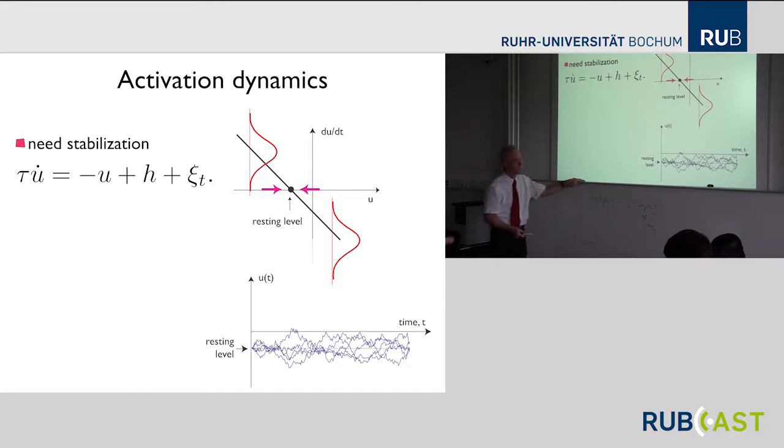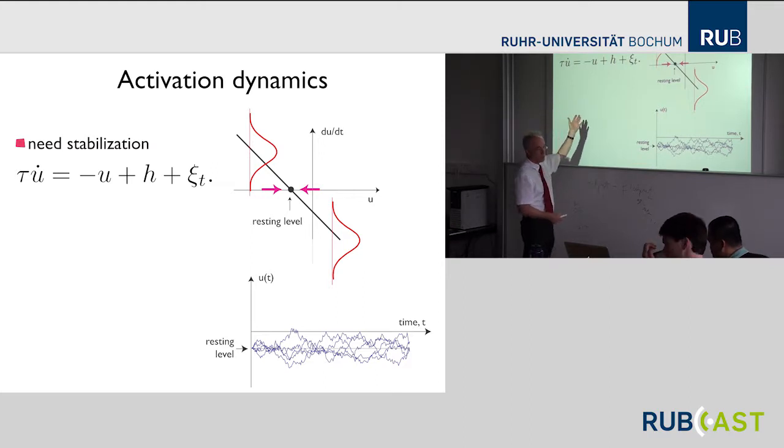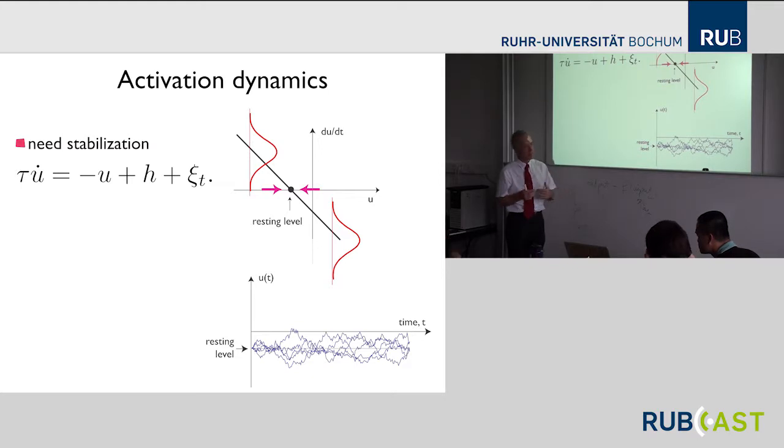Yes? So the minus u term, is it reading from the previous time scale or an average of whatever you have read? So this is now, I suppressed the index, so this is the activation at time t. And on the left you have the rate of change at time t. So in continuous time, you don't distinguish between past and present because it's only infinitesimal. And therefore, there's only one time in there, the present time.